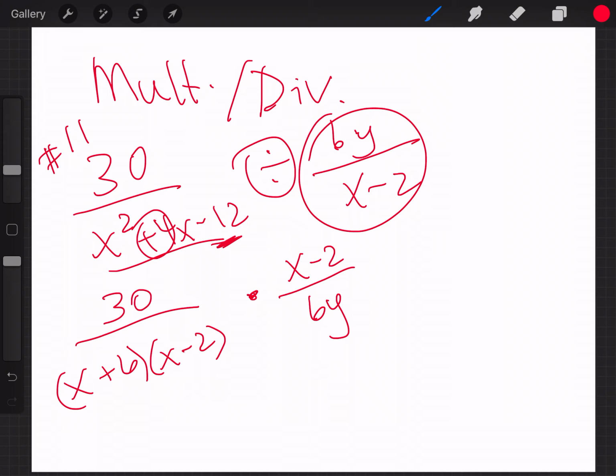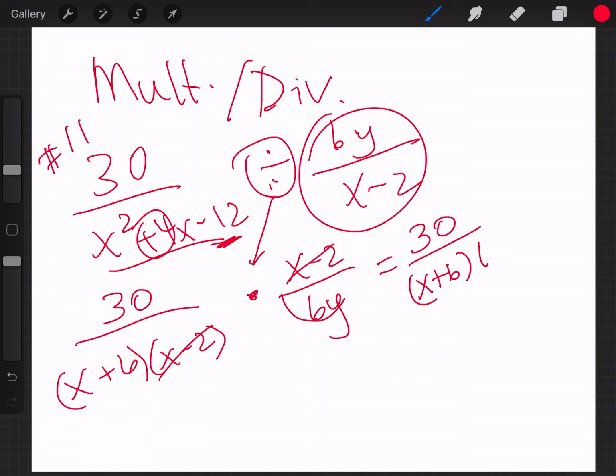Now, some of you kept the dividing sign, and then flipped this or didn't flip this. Notice that it becomes a multiplying sign. Then we reduce this, and several of you left 30 over x plus 6, and then you had 6y.